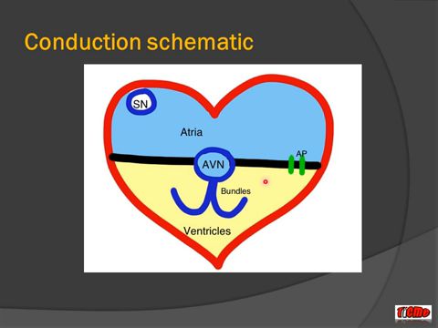Wide complex tachycardias occur when the signal is generated in the ventricle, and so the ventricular depolarization takes longer, not going through the AV node, or when any of the supraventricular rhythms are transmitted via a delay in conduction.